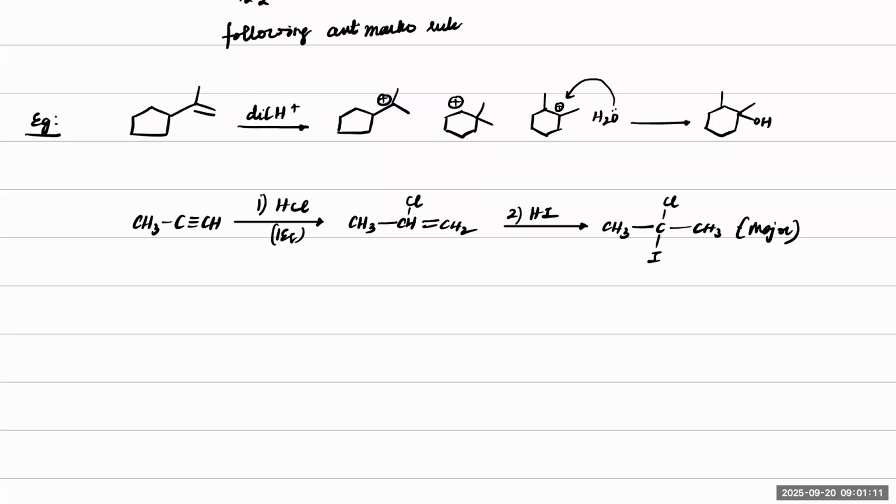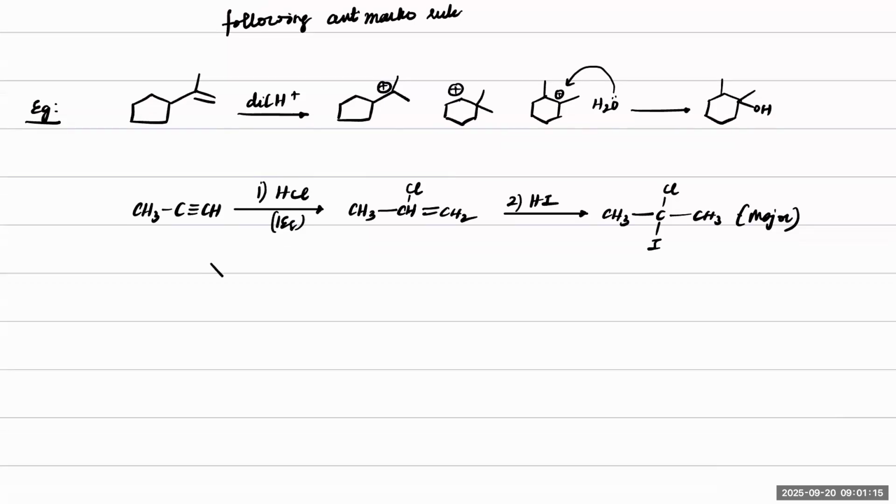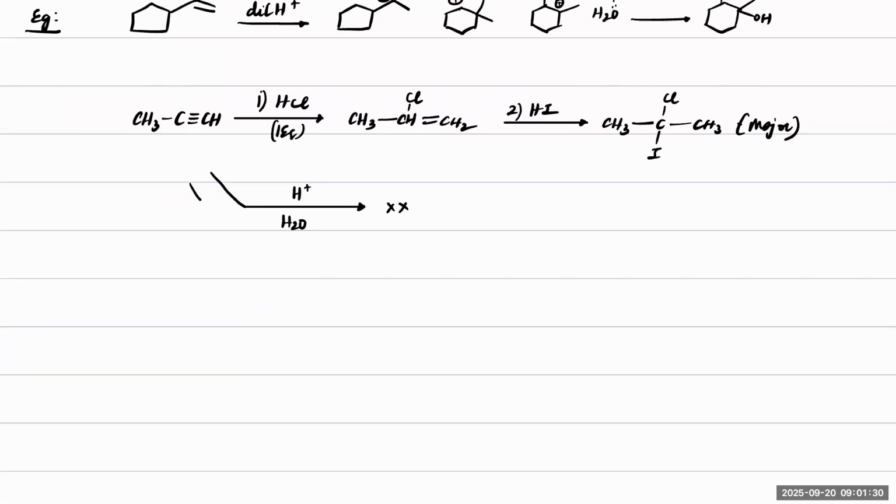And if you do hydration with H plus and H2O, it is difficult to make, because the carbocation is not formed easily, since the vinylic carbocation is unstable here. So instead of using a vinylic carbocation, what do we use?